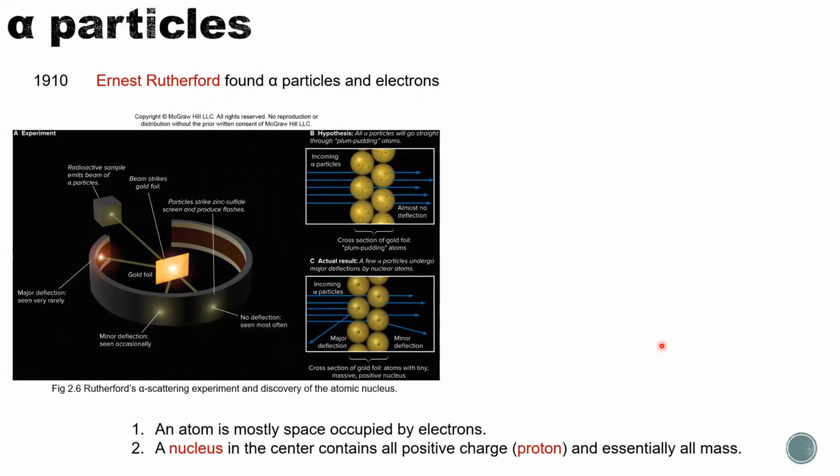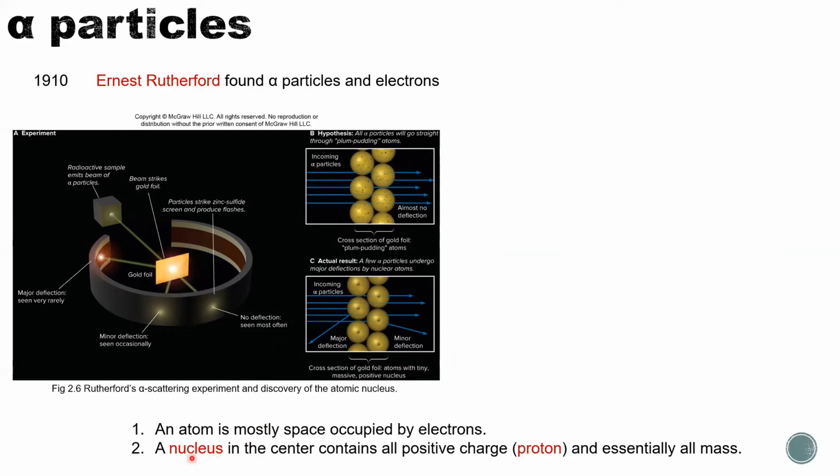You should know that as experimental results develop, new theories come up to match them. So Rutherford needed to find a new theory to explain what the atomic structure is.